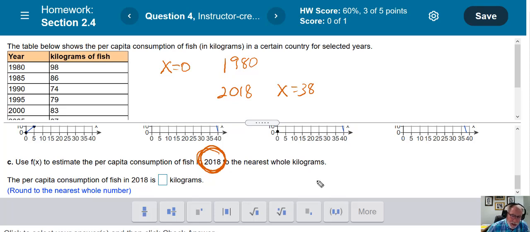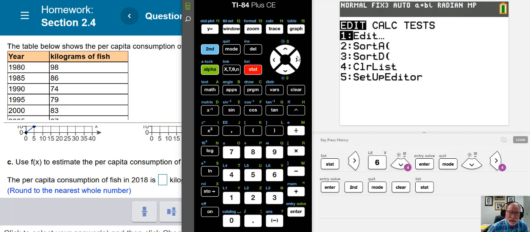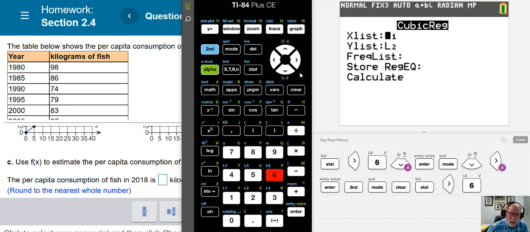You can do that manually. I want to show you how to do that on the calculator. On my calculator, when I did the stat calc number 6, L1 and L2 were correct, and I just went down to calculate. Now here's another option.